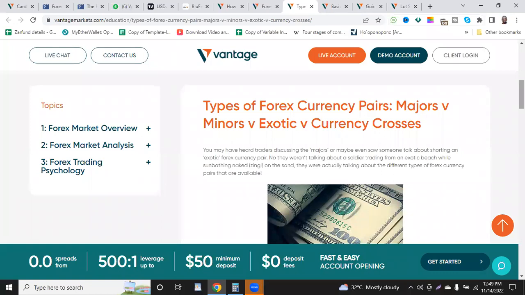Then you have the CAD, which is the Canadian dollar, the CHF, which is the Swiss franc, and the JPY, which is the Japanese yen. These are the major currencies.